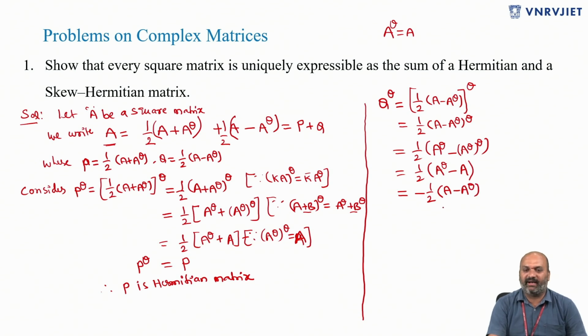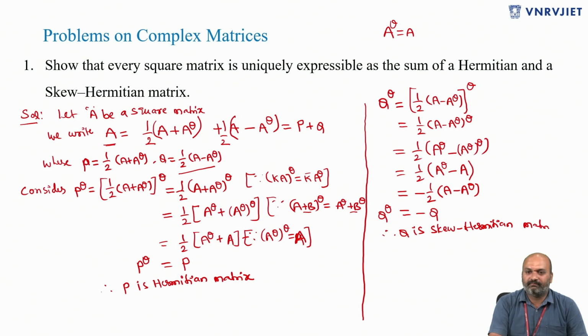Observe carefully, this half (A minus A theta) is Q. Therefore, we can write it as minus Q. So Q theta equals minus Q, which means Q is a skew Hermitian matrix.